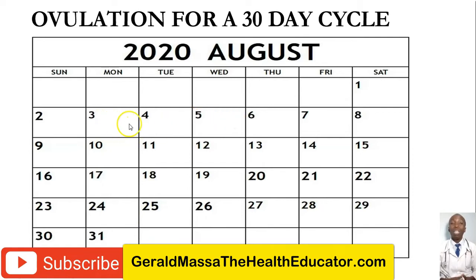But if you spent 4 days, let's say you started your periods on the 2nd, still the same method applies. You have to begin counting from the first day you saw your periods, and let's take the example of the 2nd.